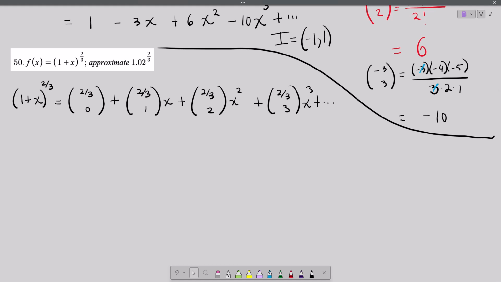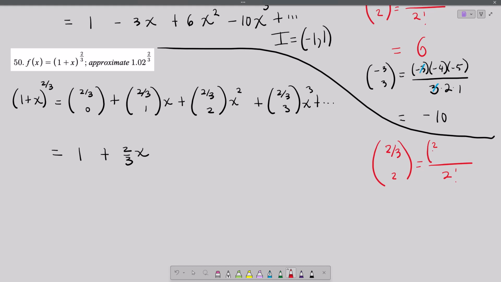And then we just need to simplify those coefficients so that they are fractions or integers or whatever. The first two are always instant: 1 plus px. Those two are always pretty easy. And then we come off to the side, we'll do 2/3 choose 2. 2 factorial down below.